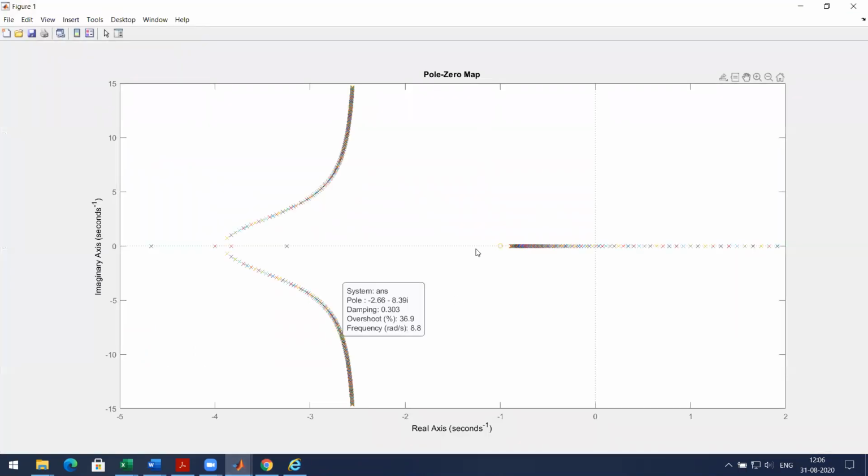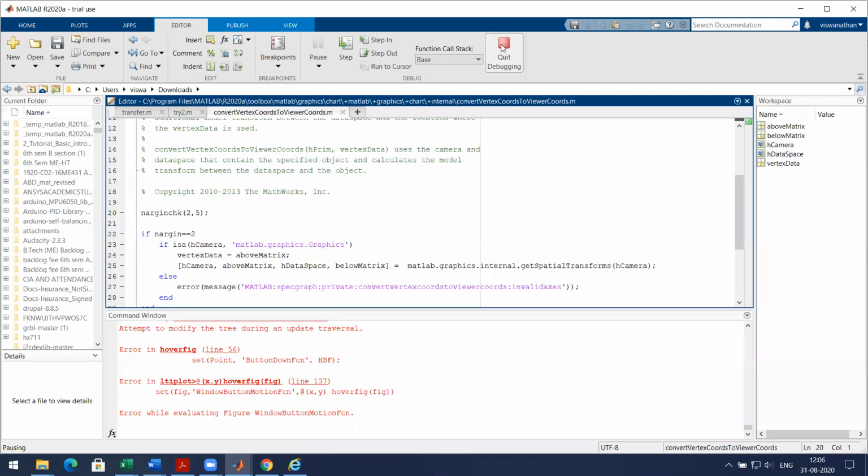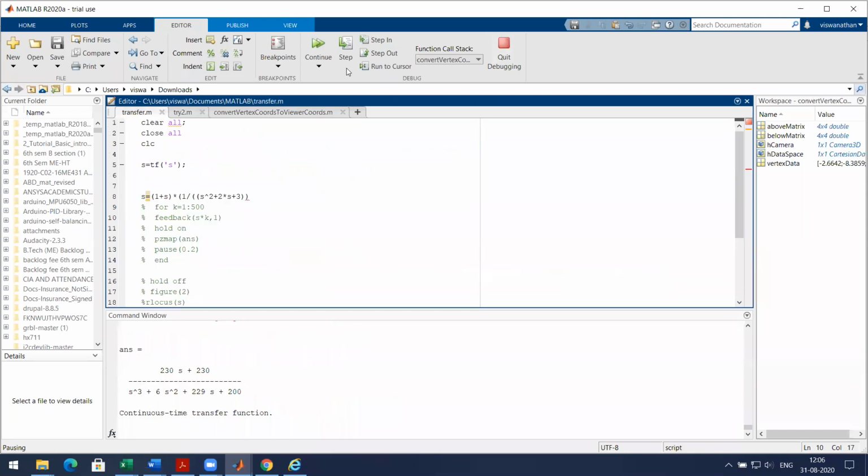As it comes, it's nearing that 0. I'll just stop this, pause. Now I just want a pole zero map.